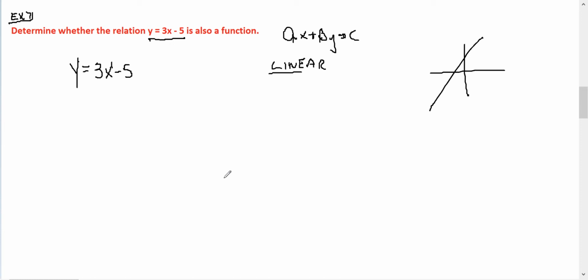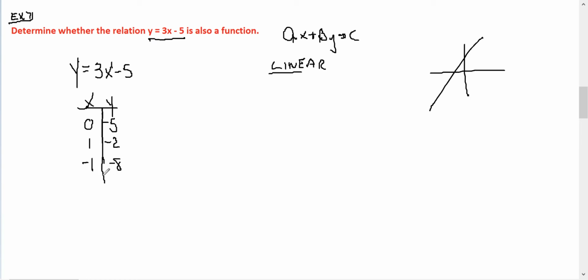So when we graph these, as I was saying, if I graph this using the t-chart method, I could say when x is 0, y is going to be negative 5. When x is 1, y is going to be negative 2. When x is negative 1, y is going to be negative 8.